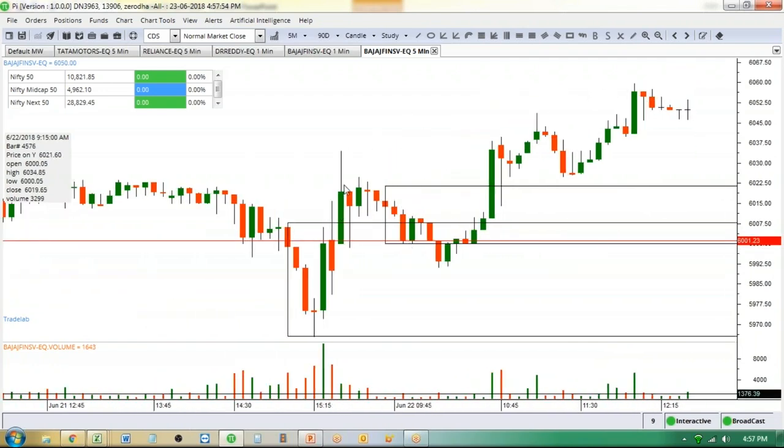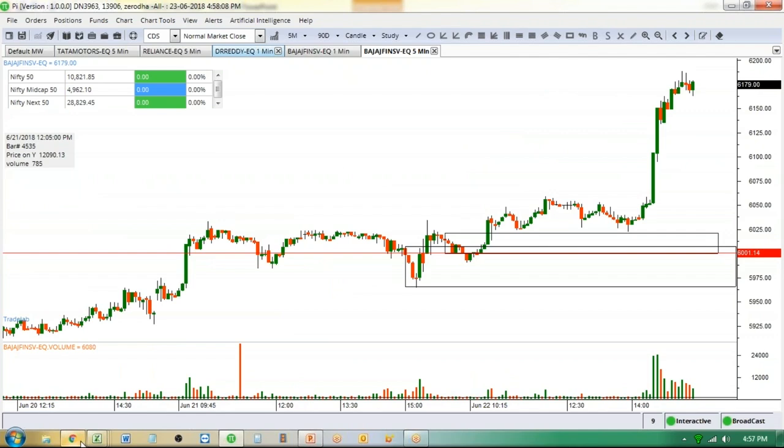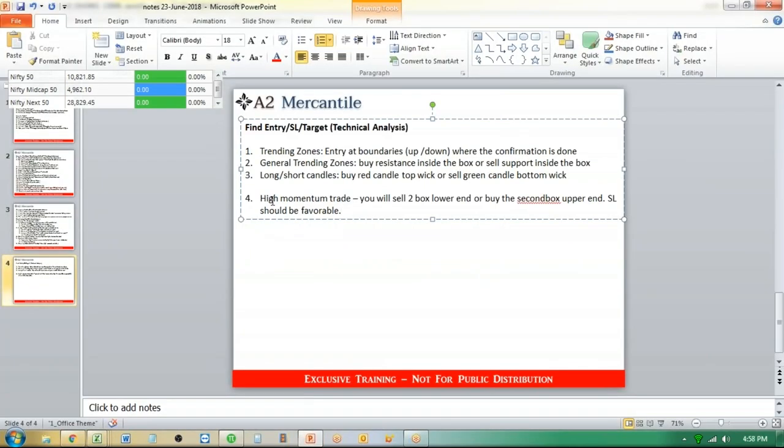This is the 915 candle. Okay. What is the intraday low? 915 is there. Right, right. Okay, fine. I thought... Sorry, I got it. Okay. Fine.